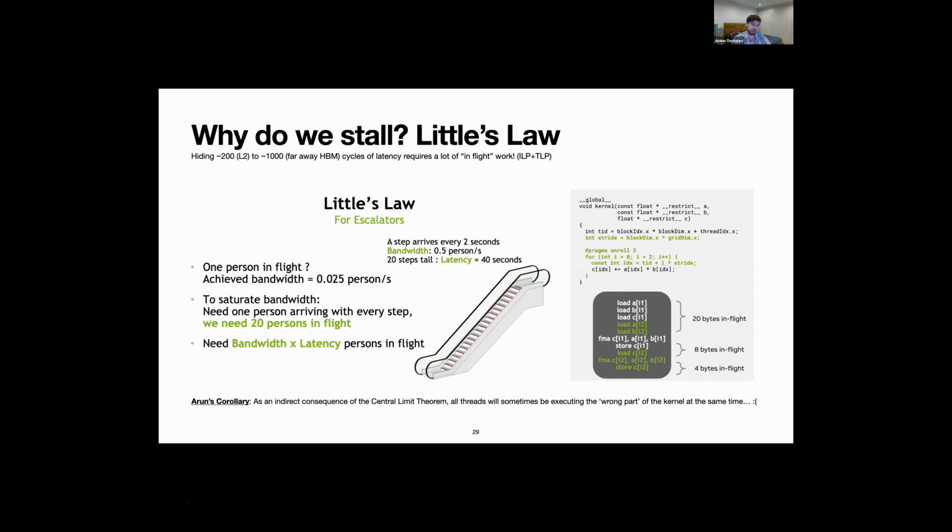Therefore, to get that last 1 or 2 or 3% of performance, the fact that you sometimes get unlucky is important. That's why you need a bit of slack: more latency tolerance, more instruction level parallelism, more thread level parallelism than you theoretically expect in order to hit the absolute peak.